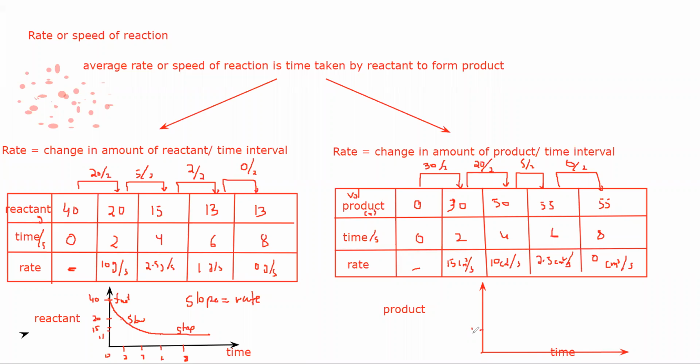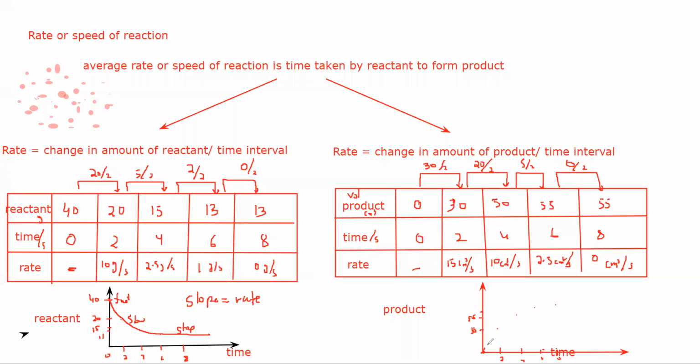Then this 30, then 50, and 55. So after 2 seconds, it is 30. After 4 seconds, it is 50. After 6 seconds, it is 55. After 8 seconds, it is also 55.